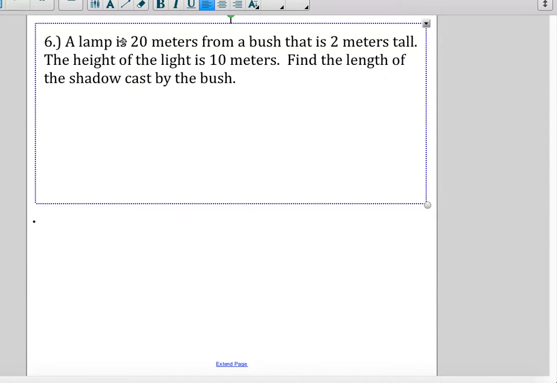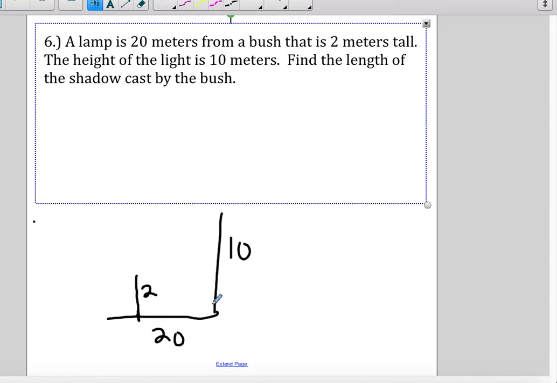So the lamp is a certain distance away from the bush, and so this is sounding like a situation where we will have overlapping triangles. So the lamp itself is 20 meters away from a bush, and the bush is 2 meters tall, and the height of the light is 10.